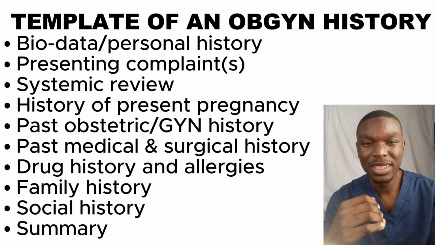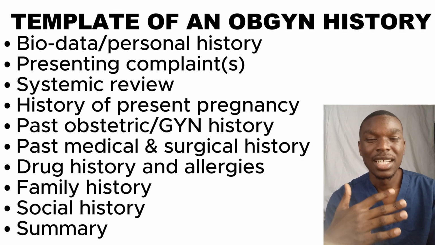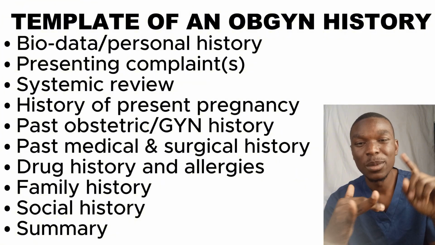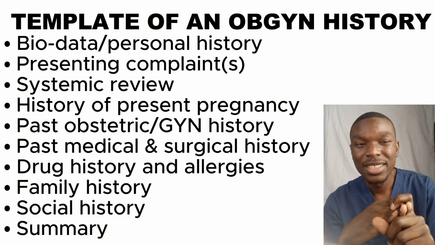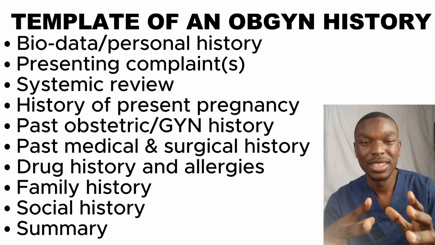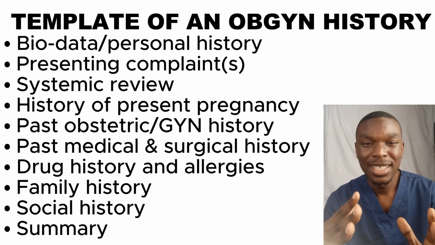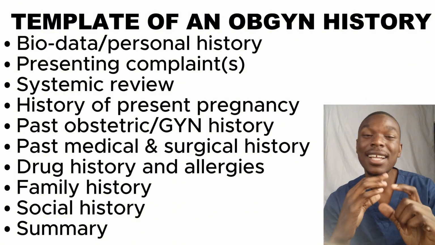Then you go to review of system. This is where I just ask about the body systems. So you're talking about the central nervous system, the cardiovascular system, the respiratory system. You're asking questions in the system, because sometimes the patient will come to the clinic, but they are having a gyne problem.